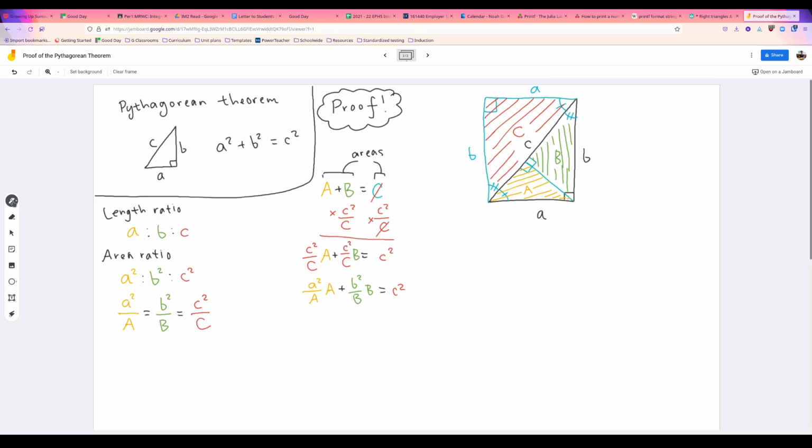Now what happens? Well, the capital A in the denominator and the numerator cancel out, and the capital B in the denominator and the numerator over here cancel out.